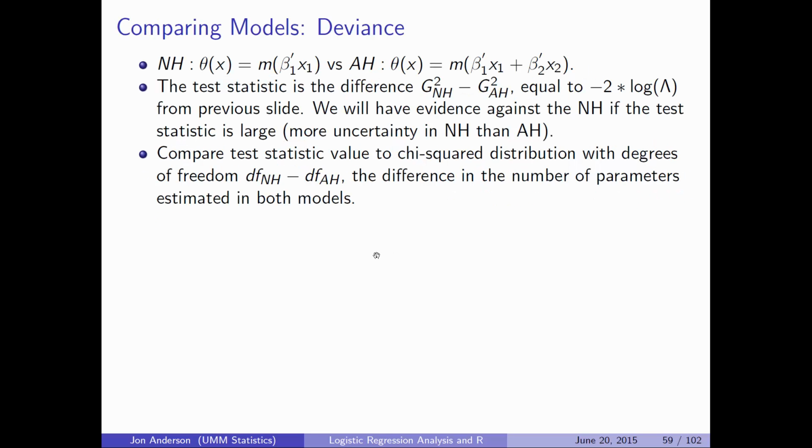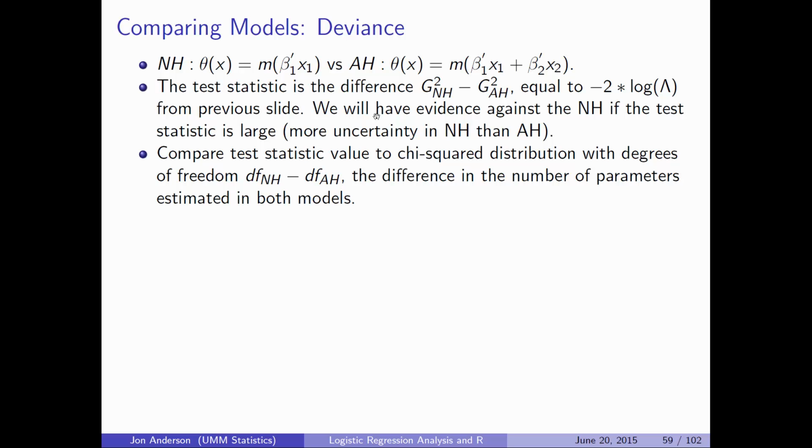And let's take a look at maybe doing a test. Null hypothesis model says that the probability of an event involves the predictors in set x1. The alternative hypothesis says that those predictors x1 are involved, but there's some extra ones in this set x2.